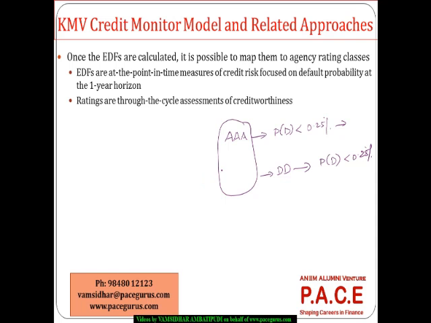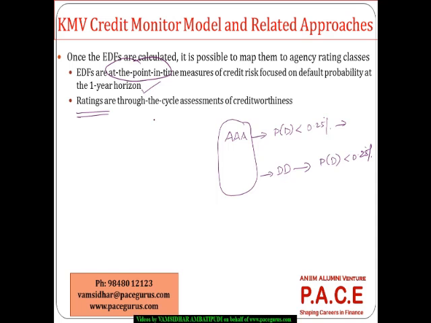But of course, there are a few criticisms that come even on this. Whatever the distance to default or the expected default frequency that we have computed is purely based on the point in time as of today, and we are looking at the probability of default in 1 year, and that's how we have segregated the short term versus the long term. Whereas the ratings are not point in time.